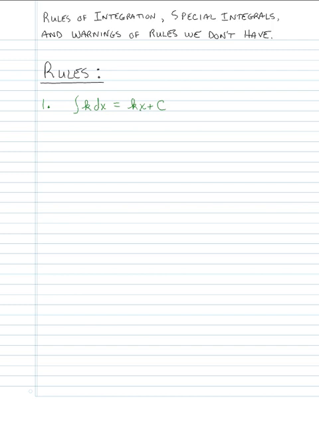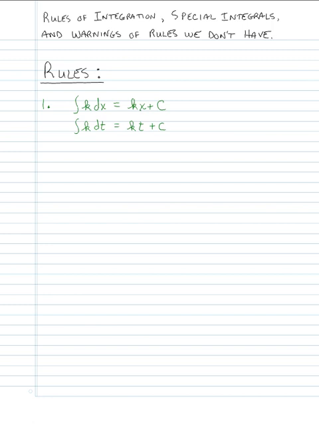Okay, now, just as a reminder, it depends on the variable what answer we get. In other words, if we had an integral of a constant with respect to t instead of x, then the variable is t. So our answer would be that constant times the variable t plus a constant of integration.